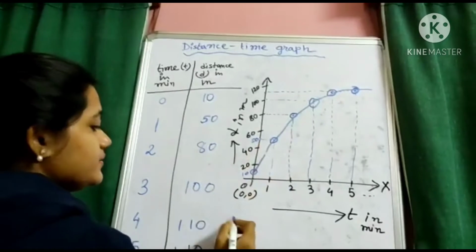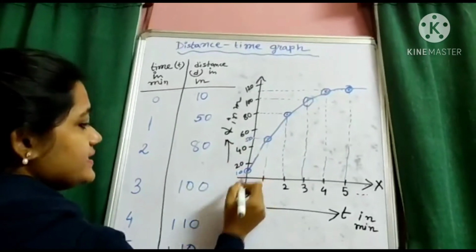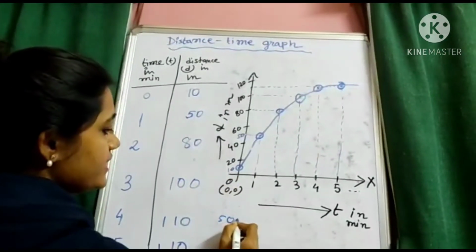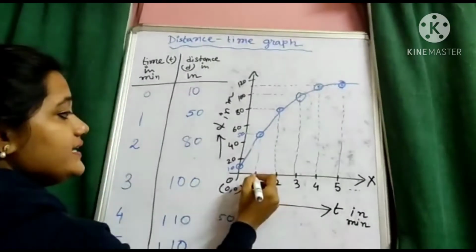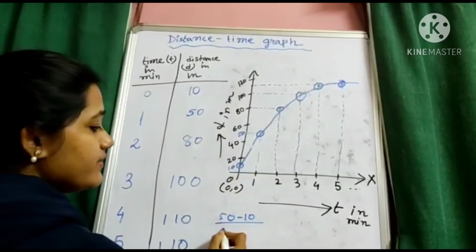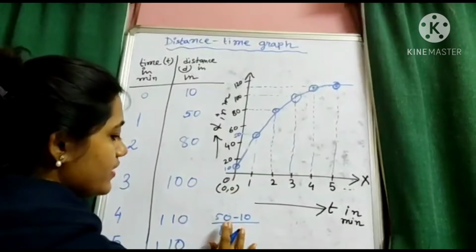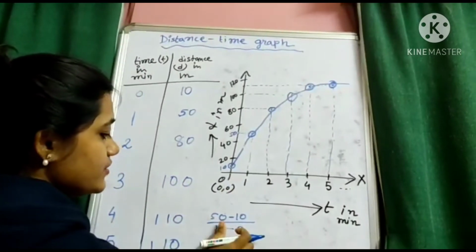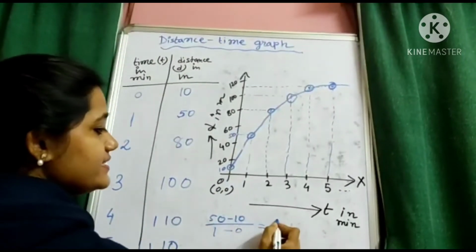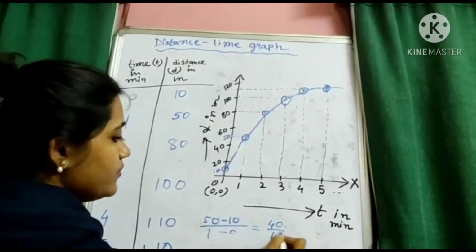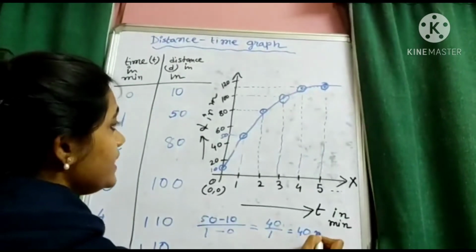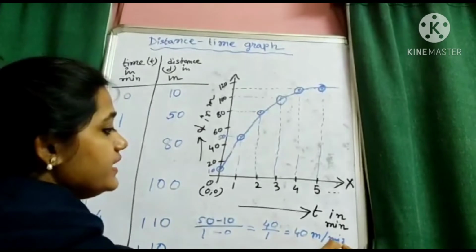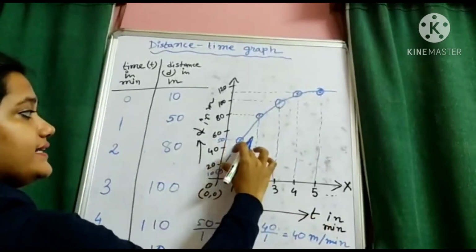So 50 minus 10 divided by 1 minus 0, that is 40 by 1. That is 40 meter per minute, the velocity at this part.